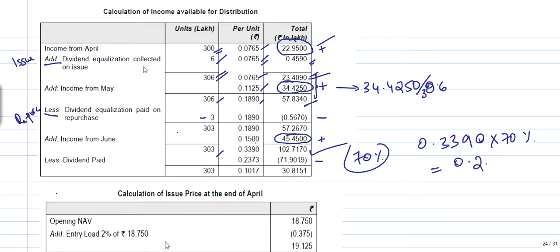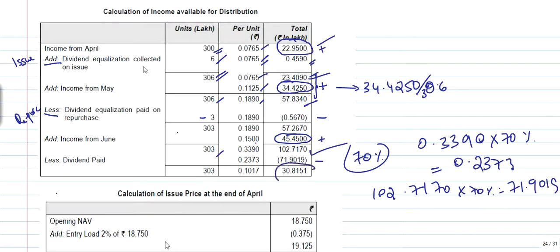You will get 0.2373, same thing into 70%, you will get 71.9091. It should be deducted.